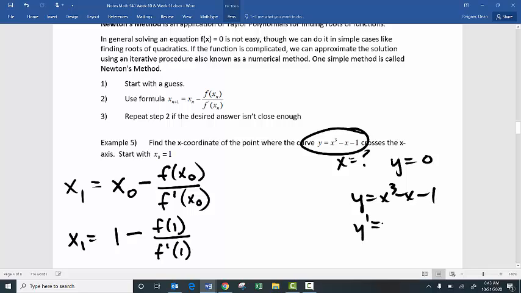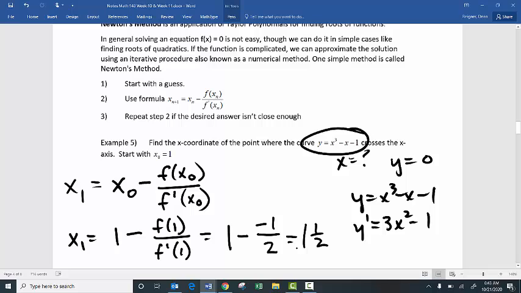Here's our derivative, 3x squared minus 1. Okay? So now 1 minus, you put in 1 into the original. Okay, so if you put 1 into the original, you get 1 minus 1 minus 1, which is negative 1. And then you put 1 into the derivative, you get 2. So then our next guess is 1.5.